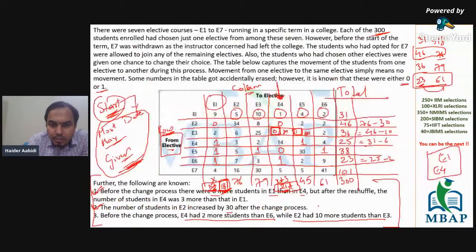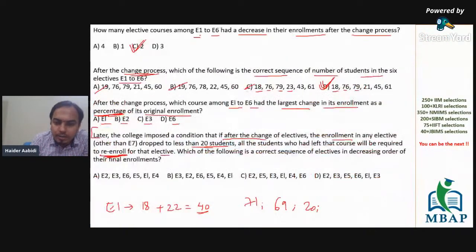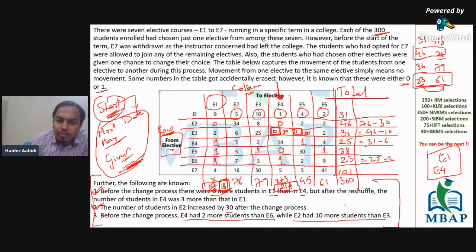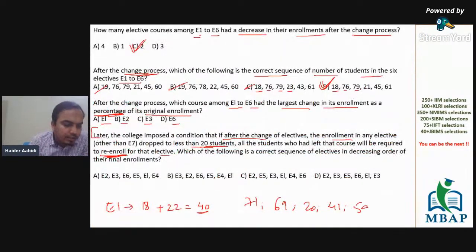And then we have 45 minus 4, which is going to be 41, and 61 minus 2, that's going to be 59. This is the order: this is going to be E1, this is E2, E3, E4, E5, and E6.